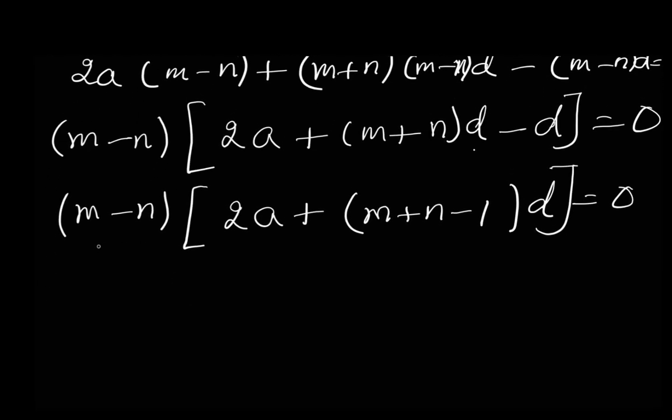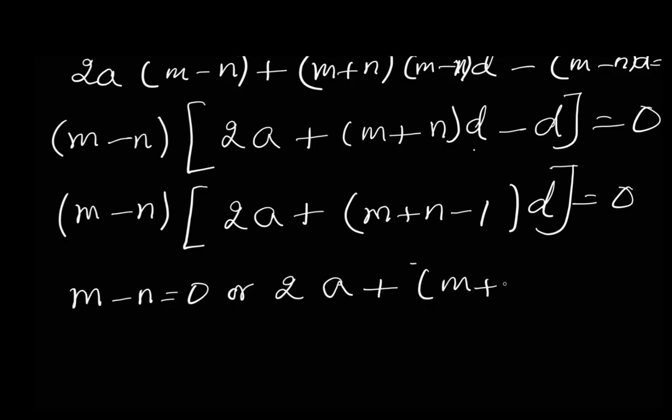See, m minus n into 2a plus m plus n minus 1 into d equal to 0. So either this equal to 0 or this equal to 0. Either m minus n equal to 0 or 2a plus m plus n minus 1 into d is equal to 0.